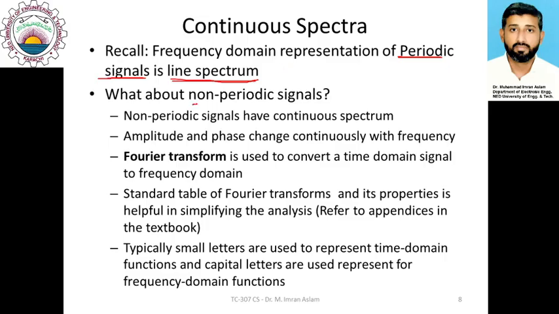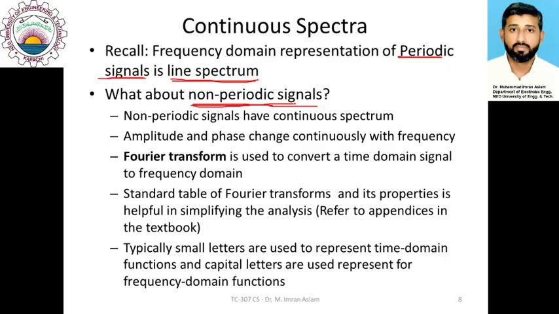What happens if you have a non-periodic signal? Those can also be represented in the frequency domain. The same concept of frequency domain is also applicable to non-periodic signals. However, non-periodic signals do not have a line spectrum or discrete frequency components.